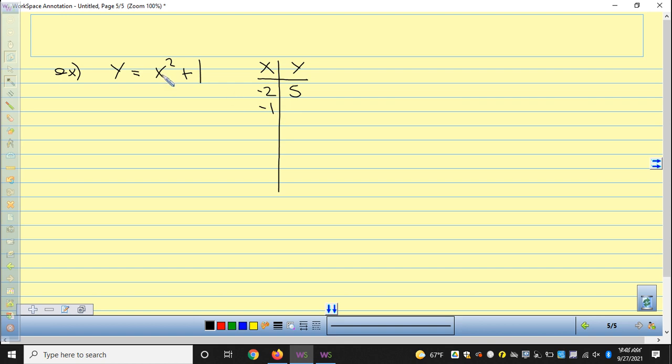Negative 1 squared is positive 1, plus 1 is 2. 0 squared is 0, plus 1 is 1. 1 squared is 1, plus 1 is 2. 2 squared is 4, plus 1 is 5. So we're going to plot those points.